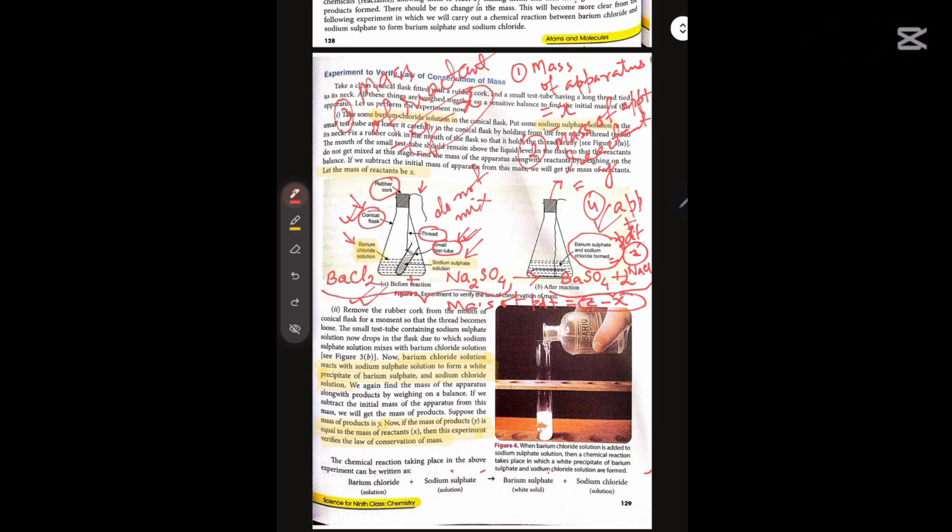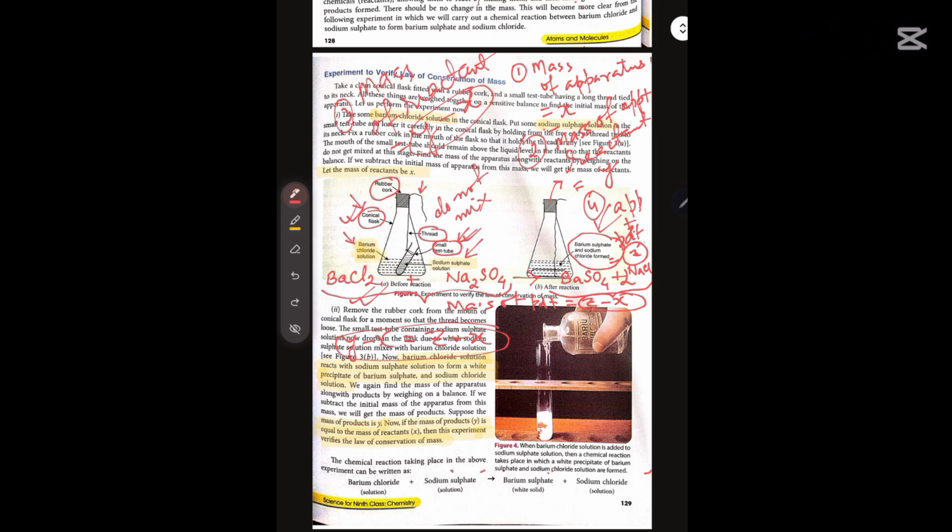If the law is valid, then you will see Y minus X is equal to Z minus X. This is the law. That is, the mass of the reactant is equal to the mass of the product.